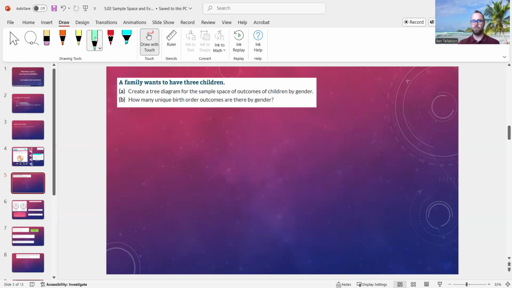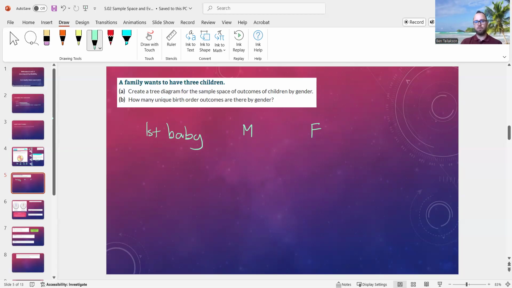Try. So what is the first possible option? Well, the first baby these aspiring parents could have is a male or a female. You can put B or G, boy or girl, male or female, whatever you prefer.